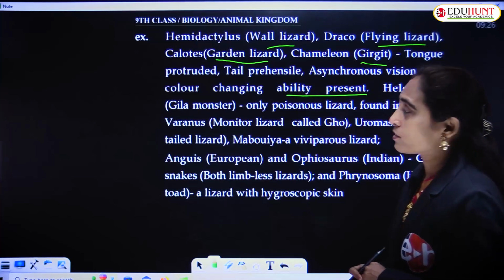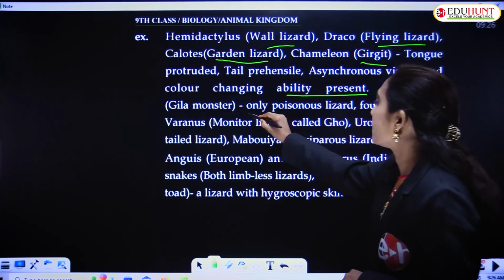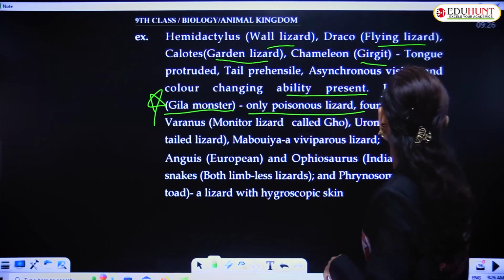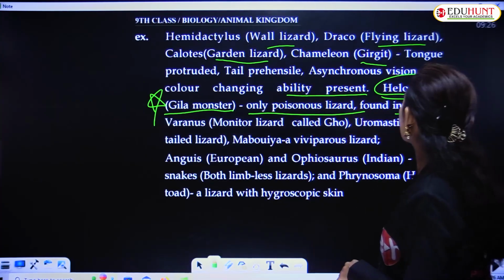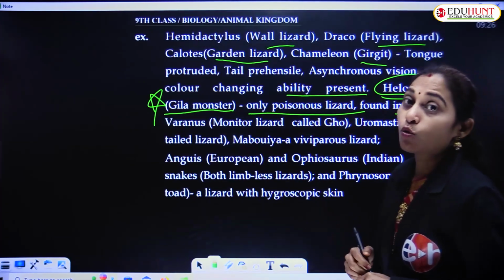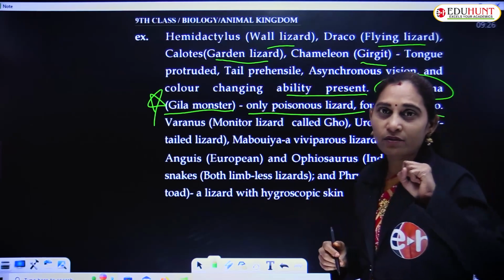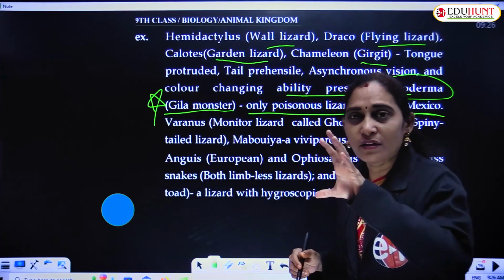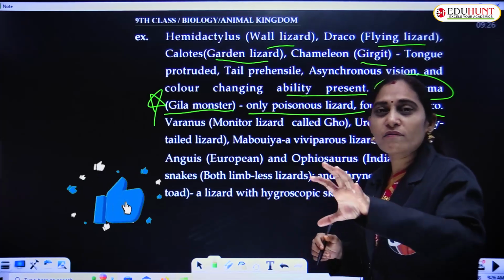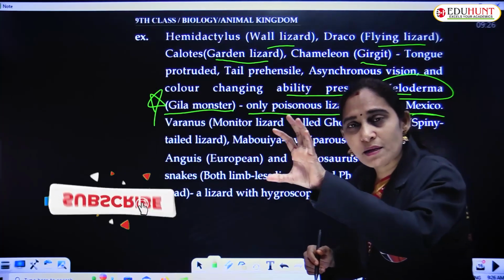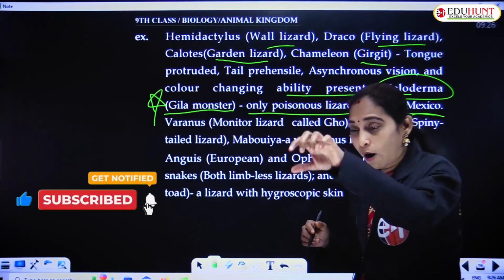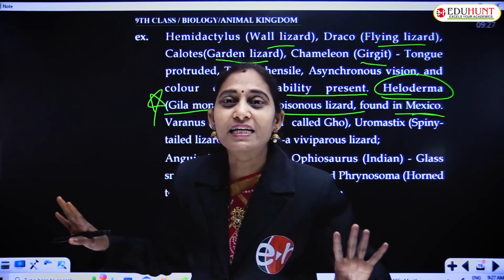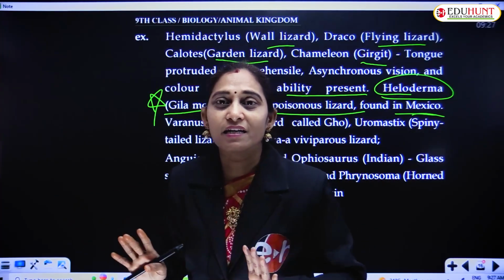Heloderma, Gila monster, is the only poisonous lizard, and it is found in Mexico. And Varanus, the monitor lizard. Its toes fix the body firmly to some rock or object. It never releases that easily.